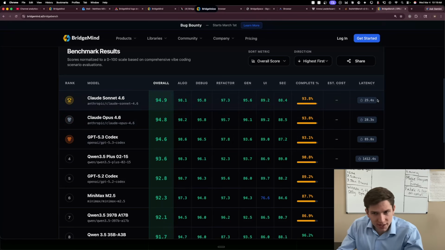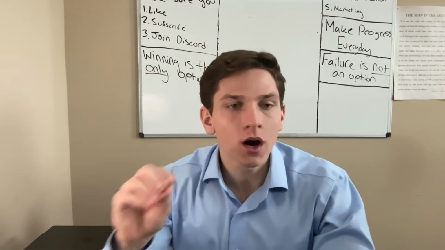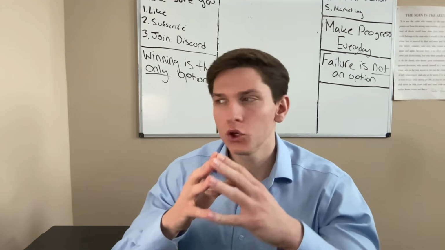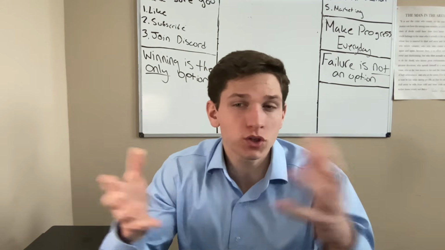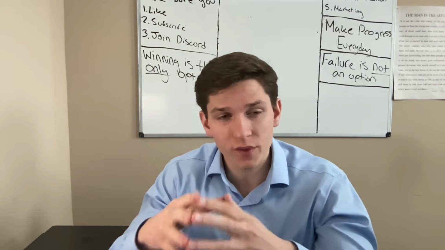Sonnet 4.6 completed this in 25.4 seconds. Codex completed this in 85 seconds. So the speed of Codex is much, much slower. You can be working on a task that could take 5 minutes inside of Sonnet that will then take literally 45 minutes inside of Codex.